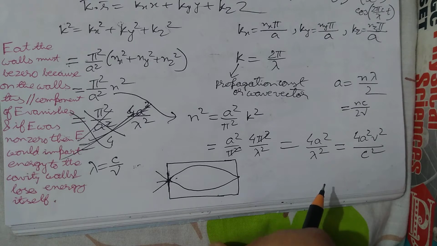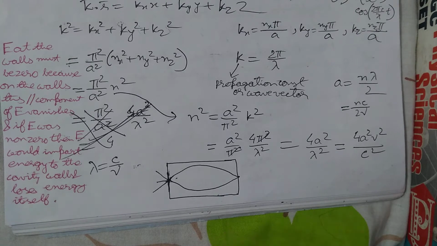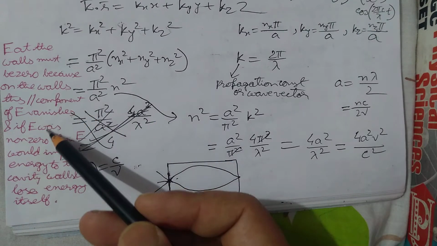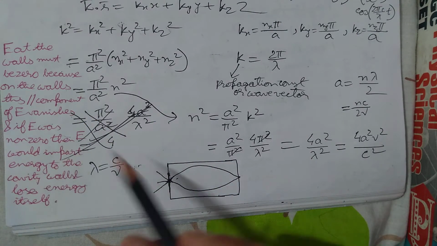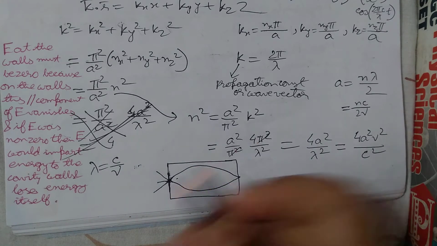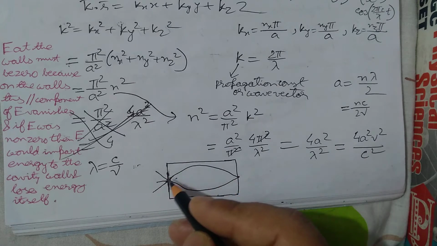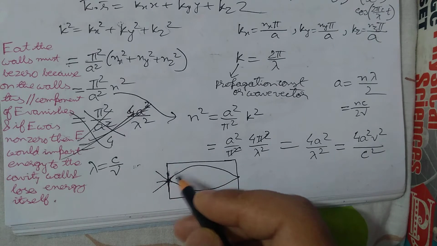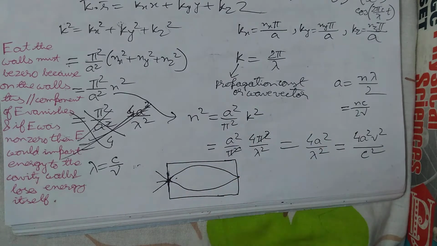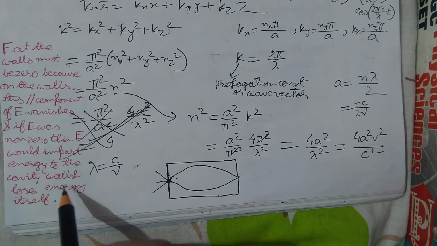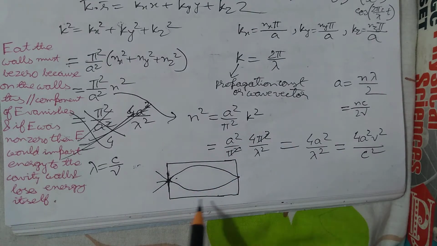And the other thing is, if E was non-zero here, it will impart energy, meaning it will lose energy. The electric field will collide with the wall and lose energy itself.